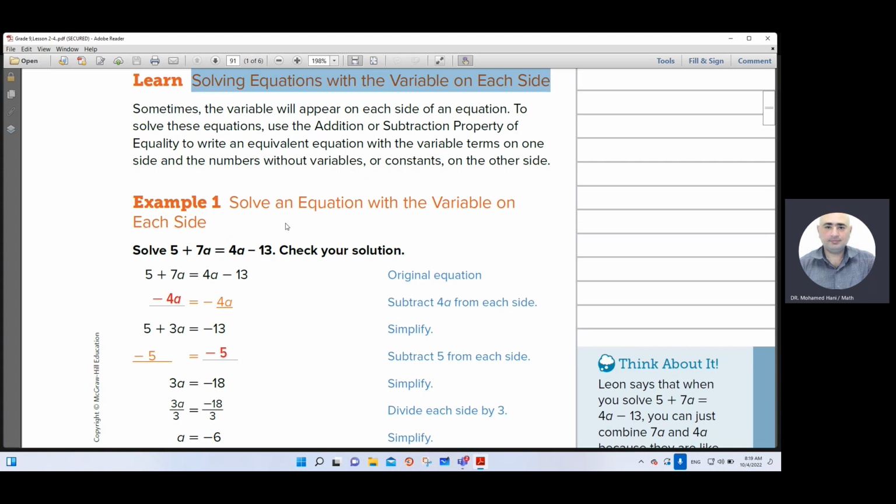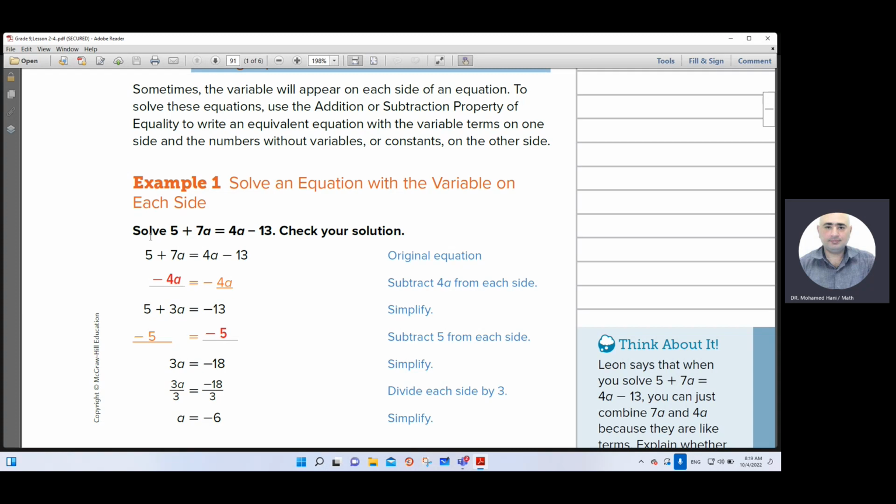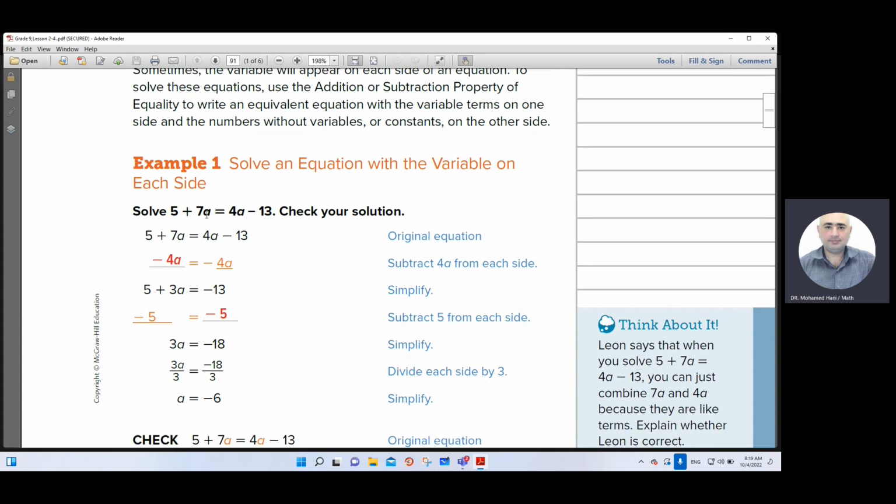So here we want to solve an equation with the variables on each side. Solve 5 plus 7a equals 4a minus 13. Check your solution. As you see, we have a, the variable, on the first side, and we have the same variable on the second side.